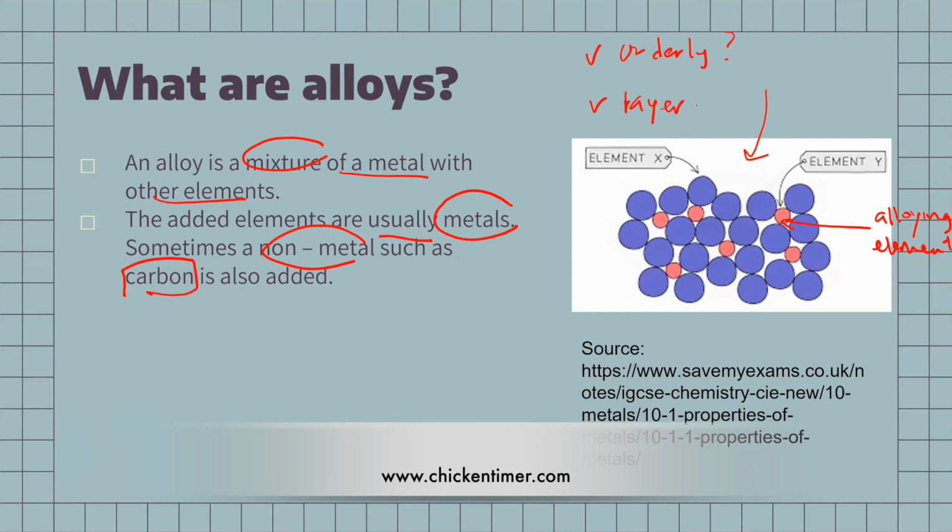No. Not really. Not very regular anymore, right? Because the atoms are of different sizes, the regular arrangement is also disrupted. Am I right to say that? Yeah, I can say that.